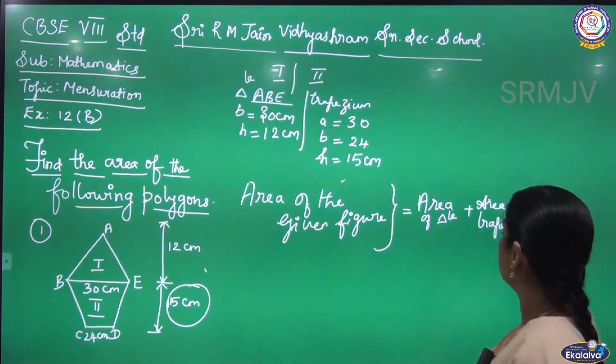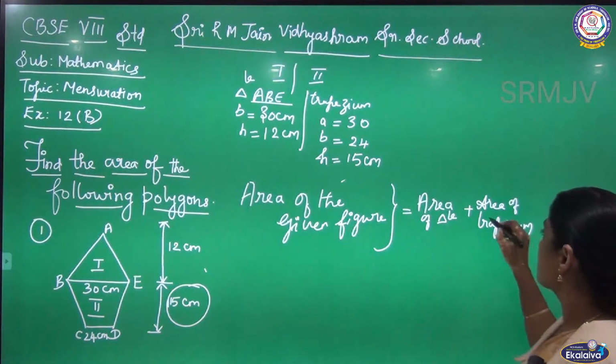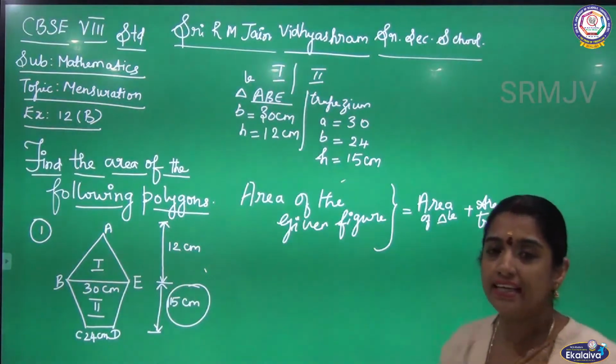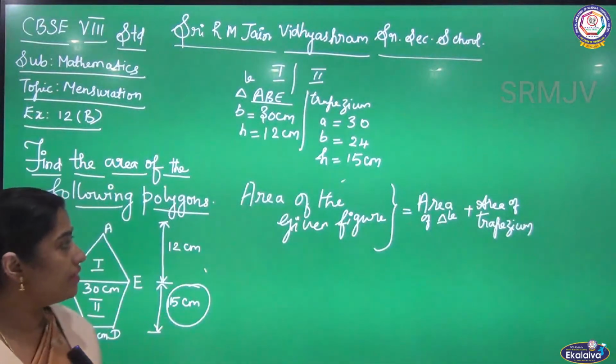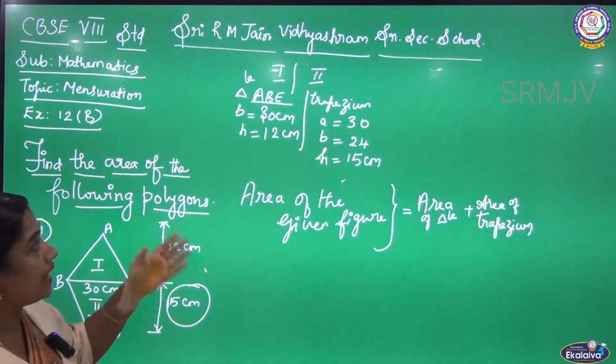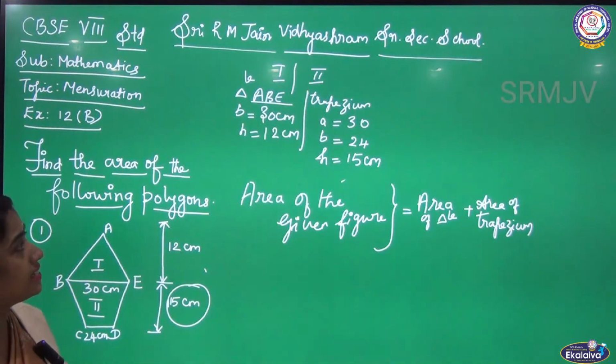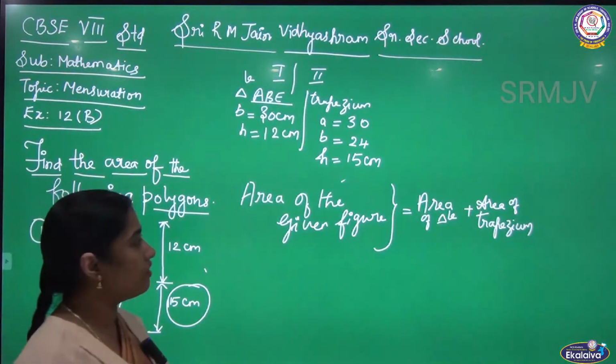Got it? Here the triangle is given, and here the trapezium is given. I collected the base, the height and the two parallel sides.